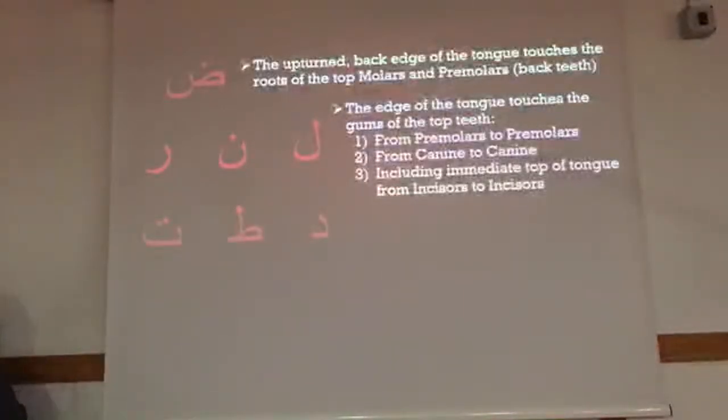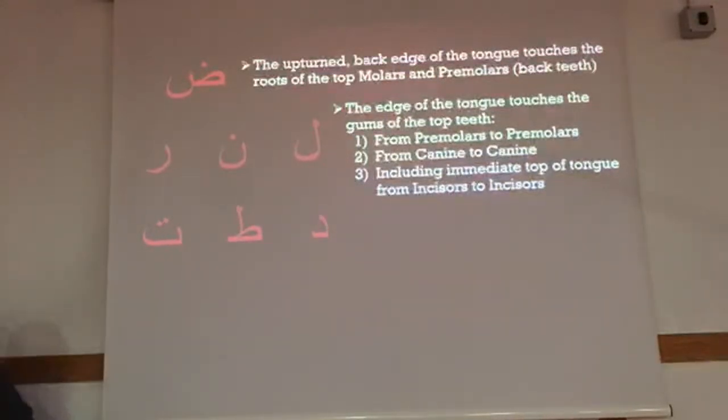One pair is ta and ta. These two letters sound the same, but one is the smiley version and the other is the heavy version. Another pair was dal and da. Dal was the smiley version and da was the heavy version.